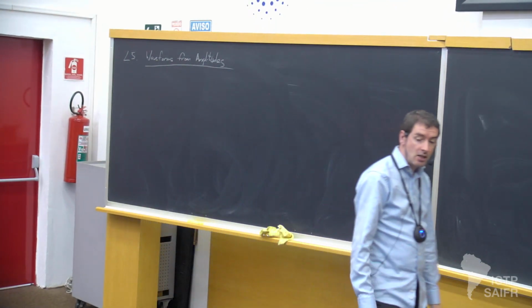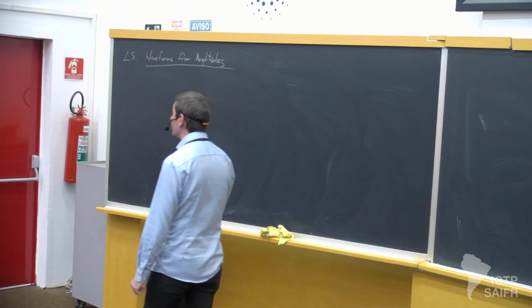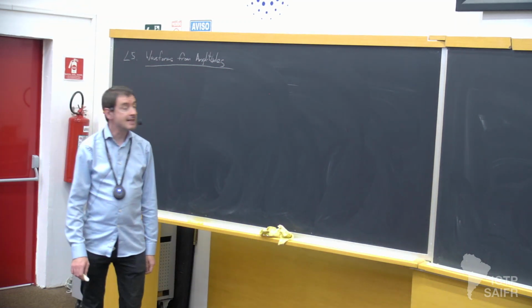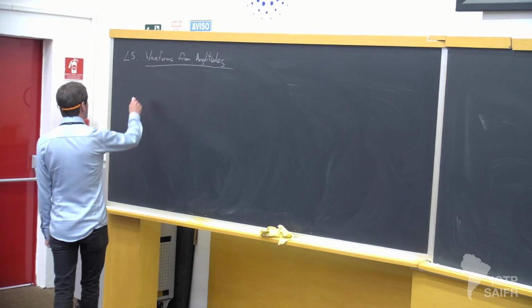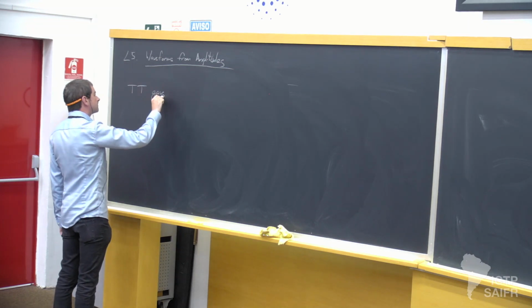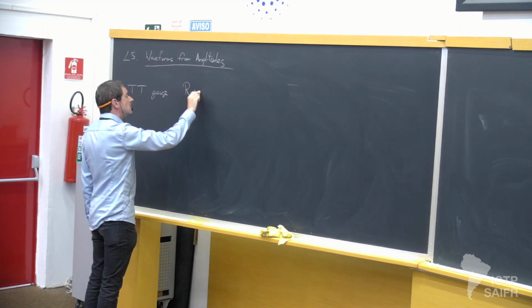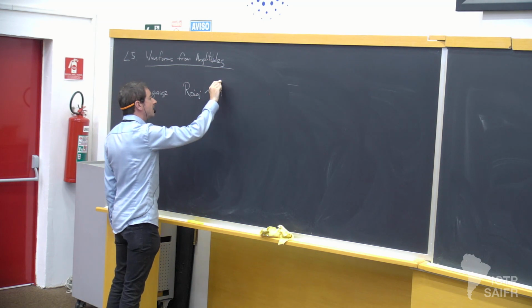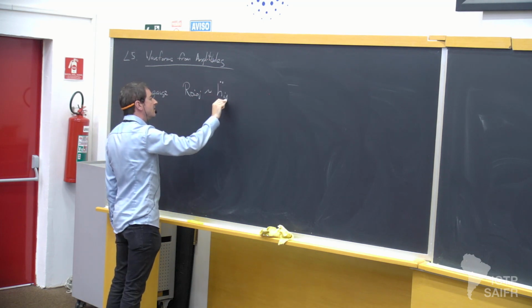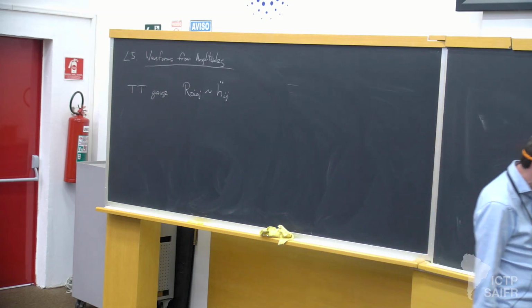Now the waveform is essentially a measure of the Riemann curvature. So classically speaking, if you go to a certain gauge, it's called transverse traceless gauge, TT gauge, well, then the Riemann tensor is up to some factor a second time derivative of the metric perturbation.